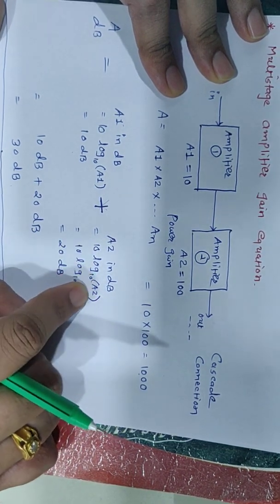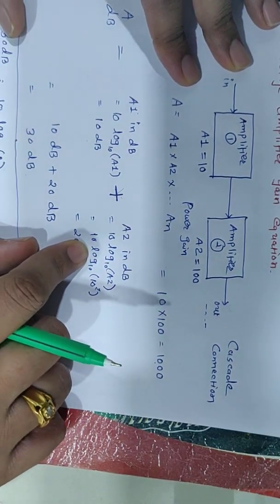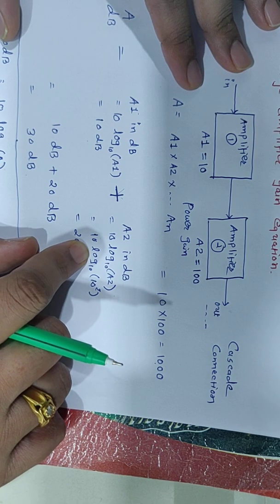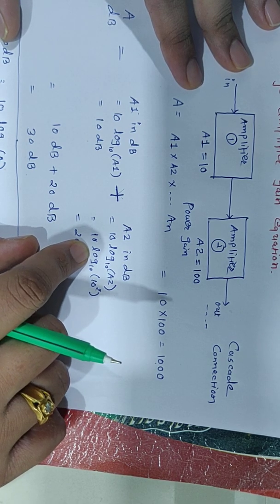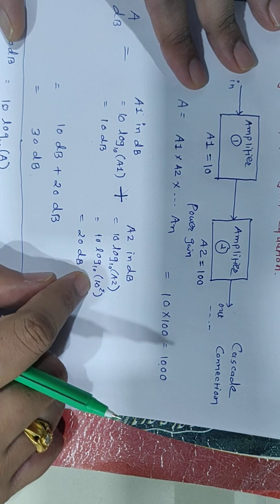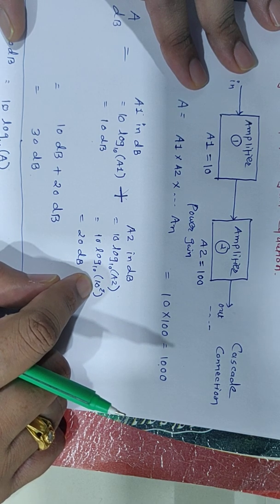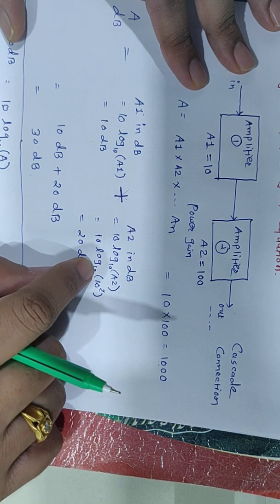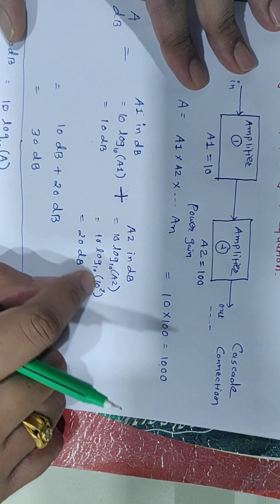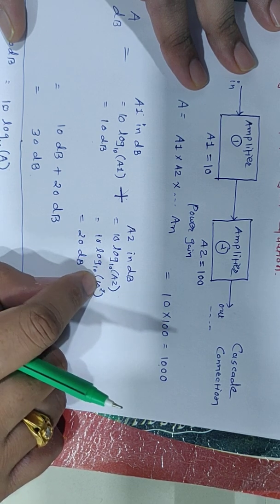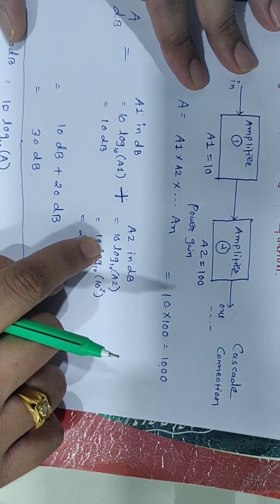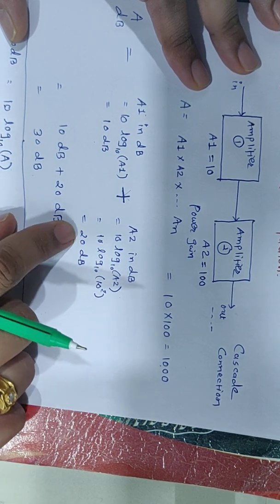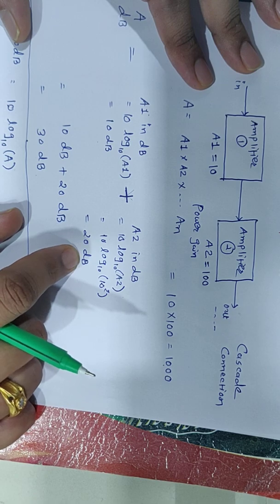The equation is this one, and we will find it in dB, which is 10 log base 10 of 100. We can write 100 as 10 raised to 2. So log base 10 of 10 is nothing but 1, and this 2 will become the multiplier of this 10, so 20 dB.